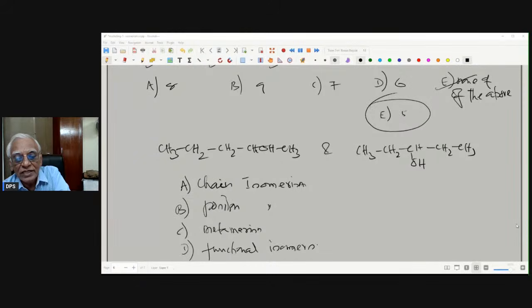Janani, you went wrong this time. If they have different carbon chain isomers, if we have multivalent functional group, metamerism, different functional groups, functional isomers. Let's see who has written the correct answer.